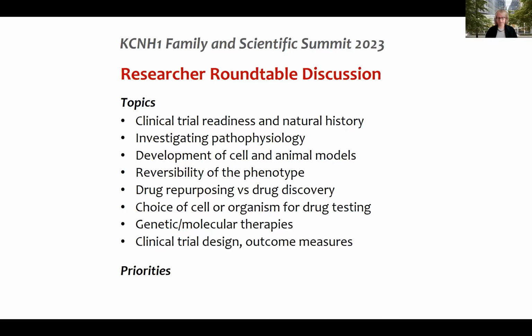Yeah, we're starting to work on some of those for KCNB1, which is another voltage-gated potassium channel gene that's similar to KCNH1. So yeah, but you're right, it's complicated, and there are certain mutations that are easier to do it for than others. So there's a little bit of selection that has to go into it.